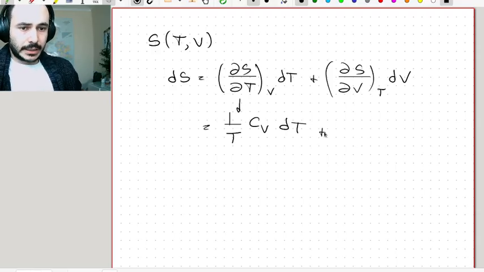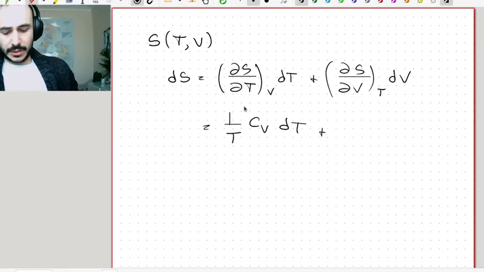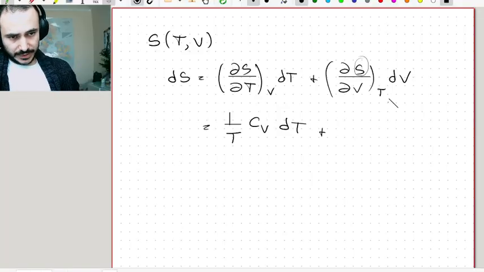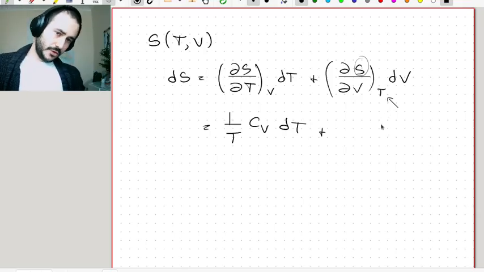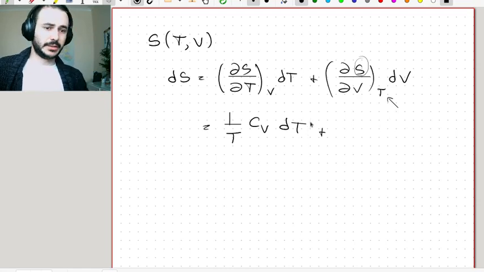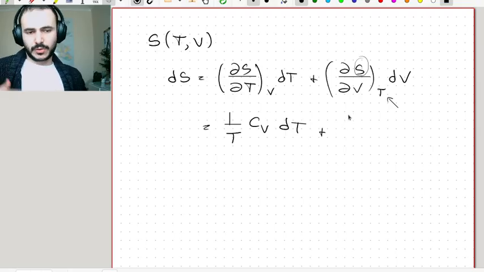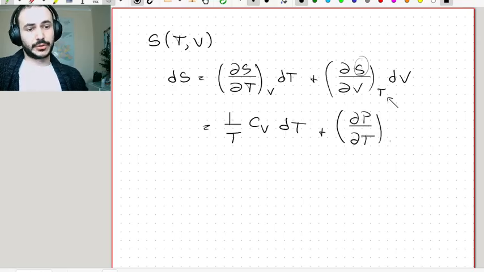And here you have one of these derivatives that you have to use Maxwell's relation to solve, because you see entropy appears in the derivative, but what is kept constant is not pressure or volume, so you cannot make the heat capacity at constant pressure or volume appear somehow here. And you know that here you have to go look at the second Maxwell relation, and from there you find that this is nothing but the same thing we had before, the thermal pressure coefficient.